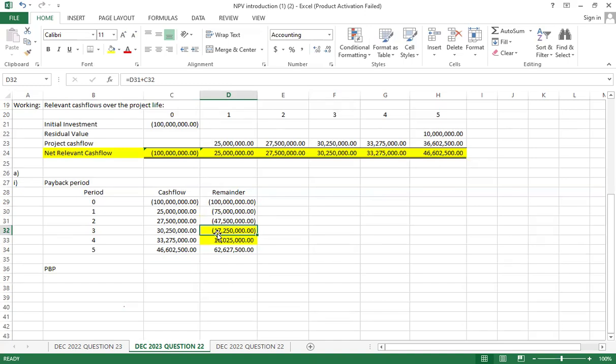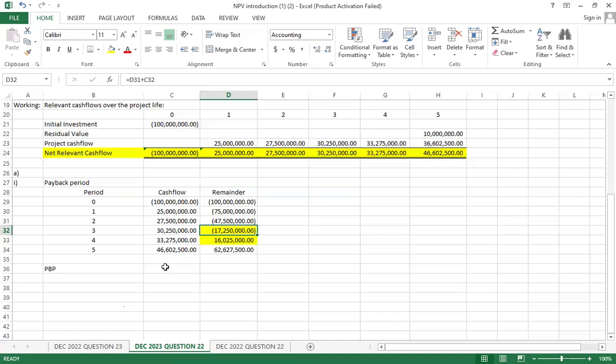The 17 million that remain in period 3, you recover it in period 4. And in period 4, when you recover that 17, you still have a plus 16 million. That means you don't need the whole of period 4 to recover the whole of this 17 million that remains in period 3.